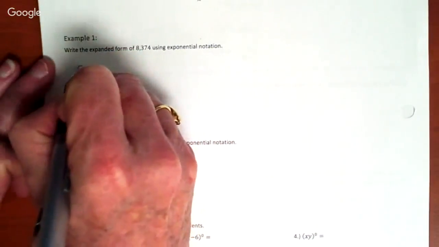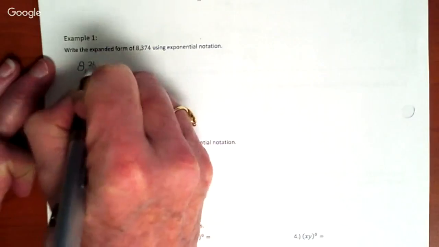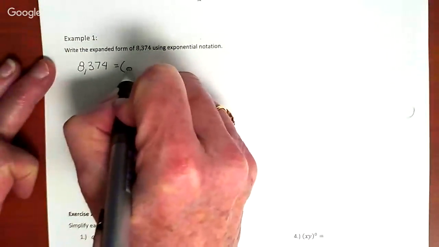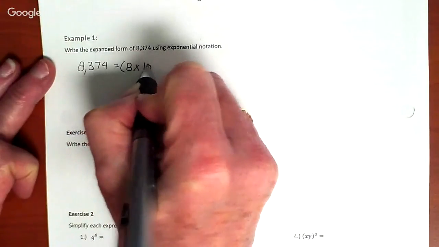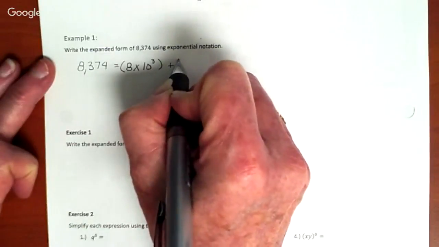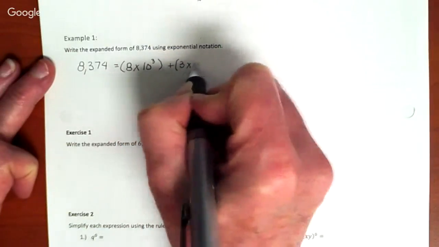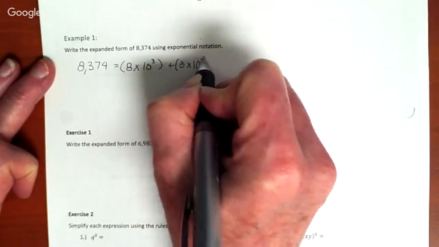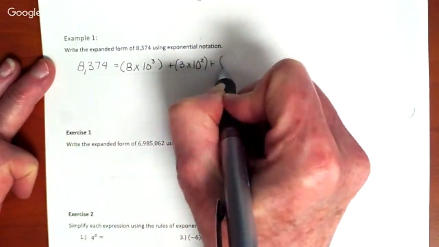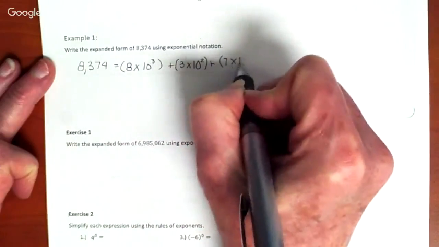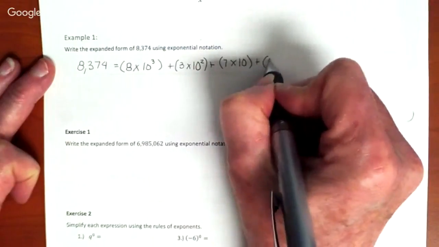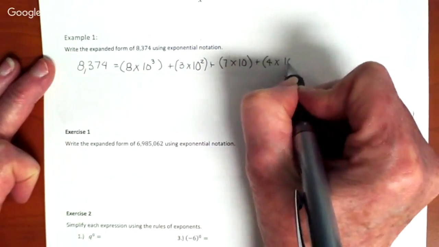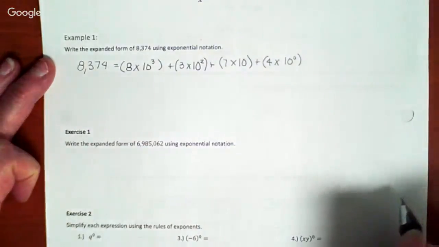We have 8,374, which would equal 8 times 10 to the third power plus 3 times 10 to the second power plus 7 times 10 plus 4 times 10 to the 0 power.